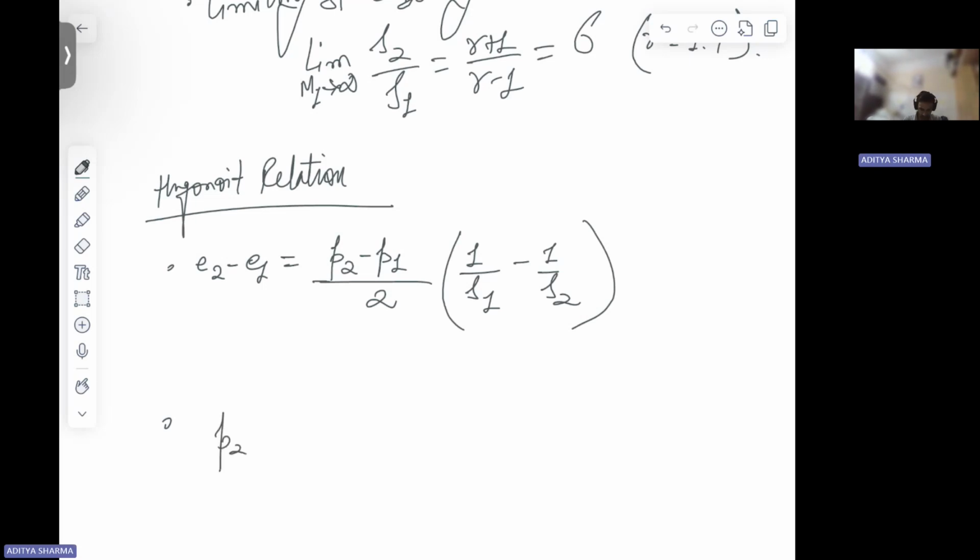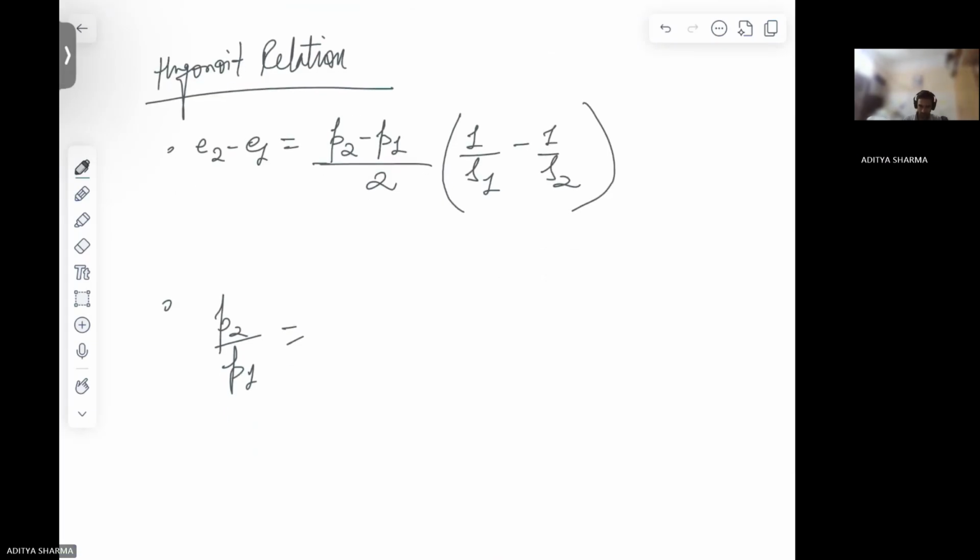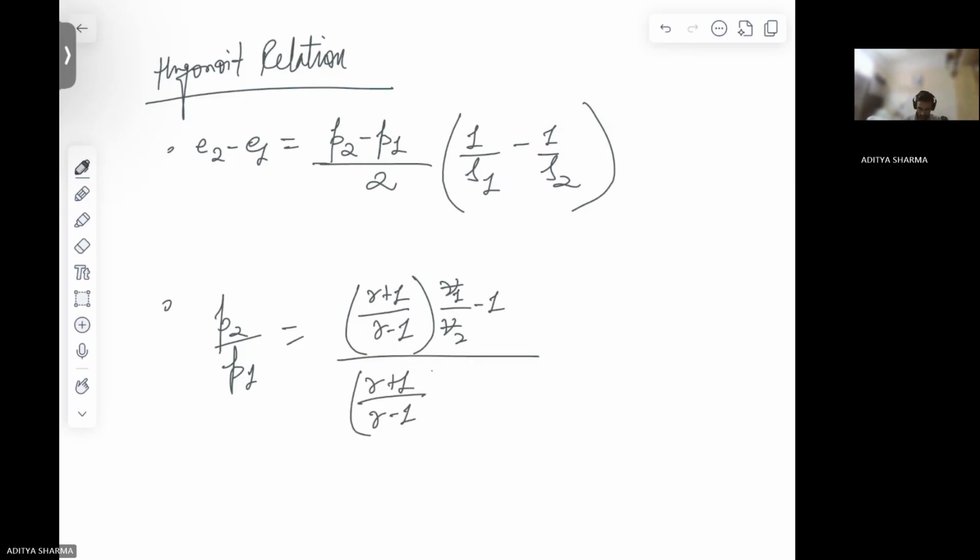Second is your pressure ratio, which is this.